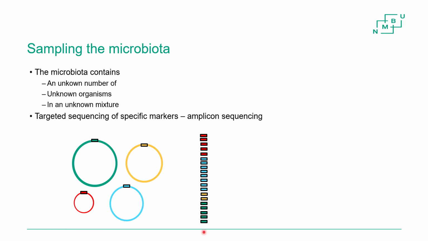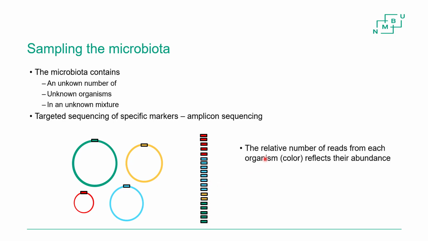You sample, in this case 20 reads, and then you look how often did I sample the various colors, and from that you can now, of course, conclude that the relative number of reads from each organism reflects their actual abundance in the bowl, right? So in the soup of genomes, this is sort of the sample you get.